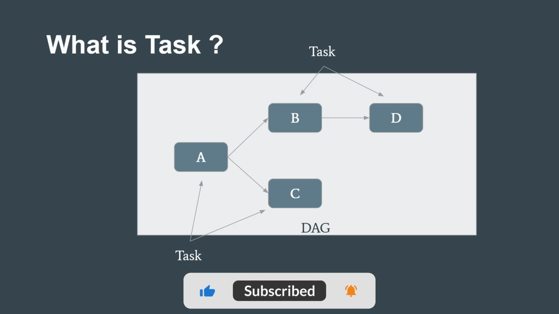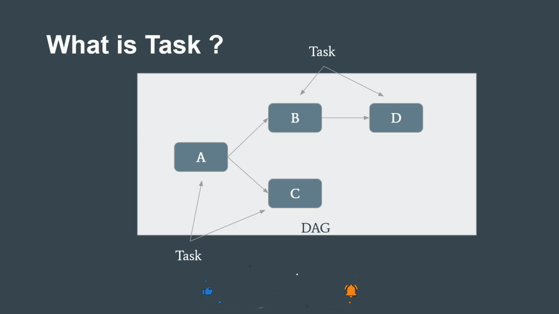So, we can say a task is a node in a DAG which is written in Python to perform some operation using operators. And these tasks have a dependency, like task B is downstream of task A, or I can say task A is upstream of task B.